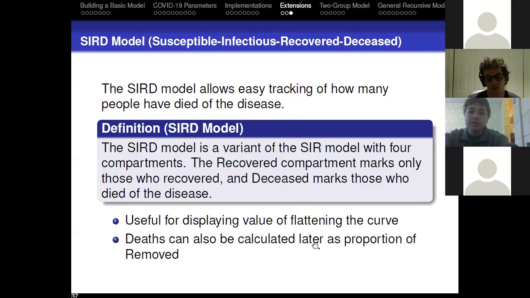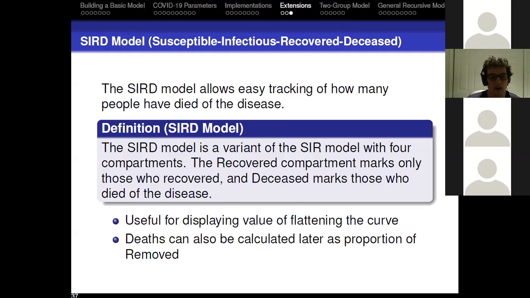However, deaths can just be calculated later as a proportion of removed. So we thought it was not helpful enough to add another compartment when we could just multiply by the fatality rate at the end to get an approximation.